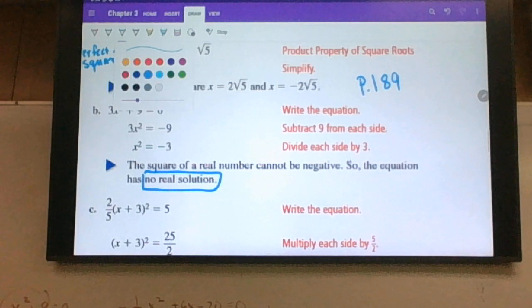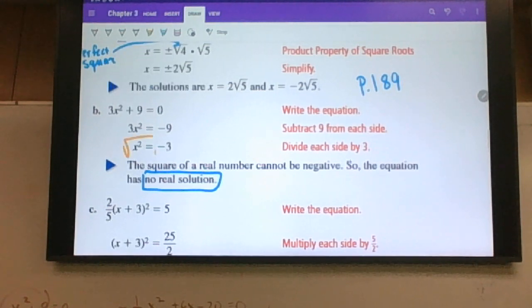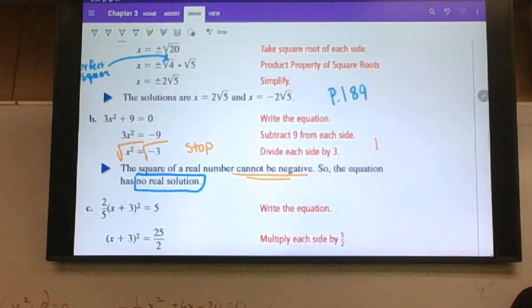So when I go to this step, boop, boop, I'm going to stop. The square root of a real number is not negative. We'll put no real solution. So be careful. Be on the lookout for negative square rooting. You can stop for now. I think in the very next section, we'll start to square root those and we're going to work with that negative. But here we're going to stop and say no real solution.